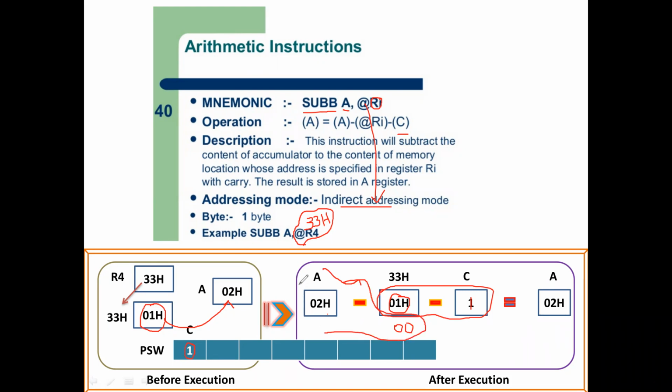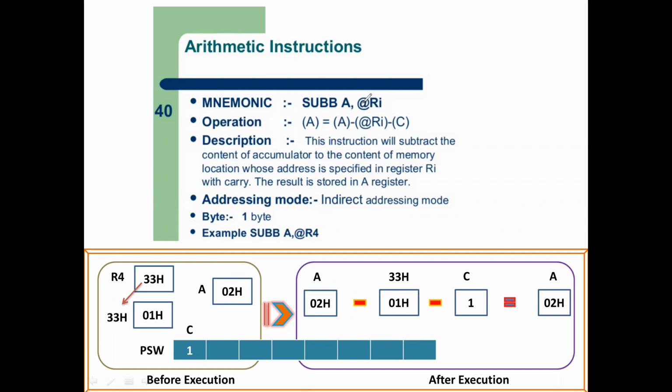For your understanding, I'm telling step by step. The final operation: accumulator minus 0, that is, the accumulator value 2 minus 0, you will get 2. This answer 2 is automatically stored in the accumulator as the final destination. Right? So this is the operation.